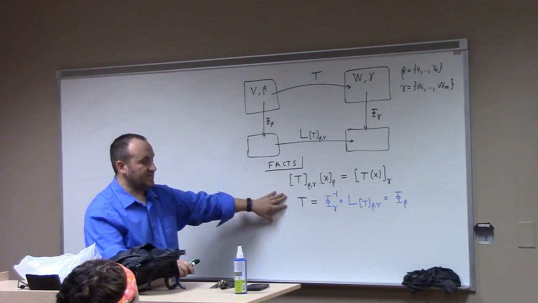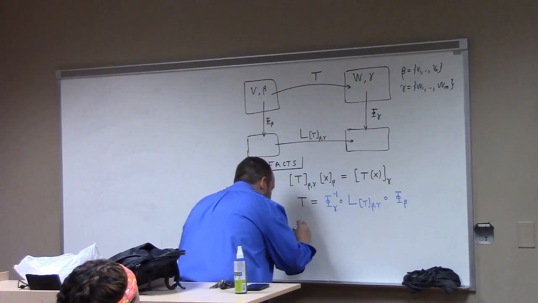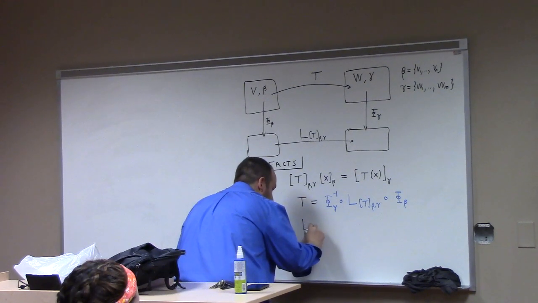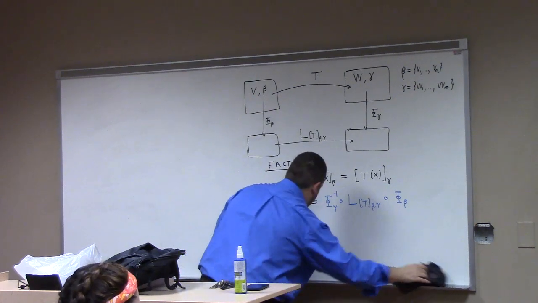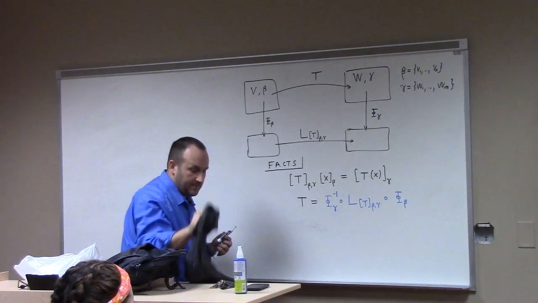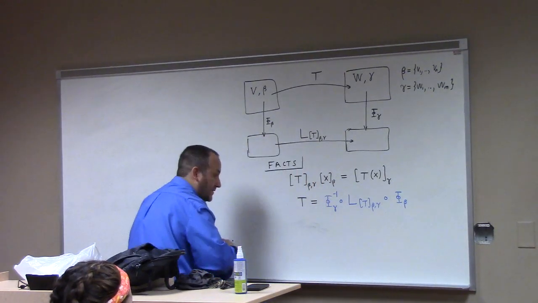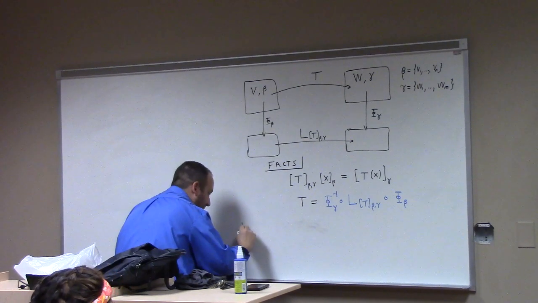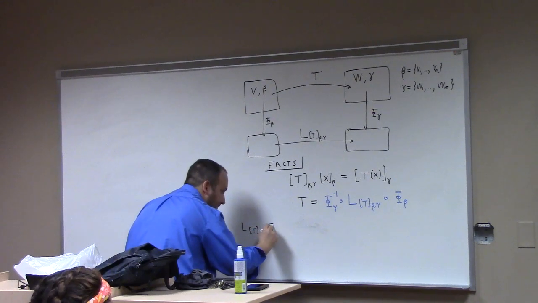Conversely, you can take this equation and solve for L of T beta gamma. Let me put that over just a little bit because I want to write a fairly big equation right here next, so leave yourself a little room. If we solve that for L of the matrix, what do we get?